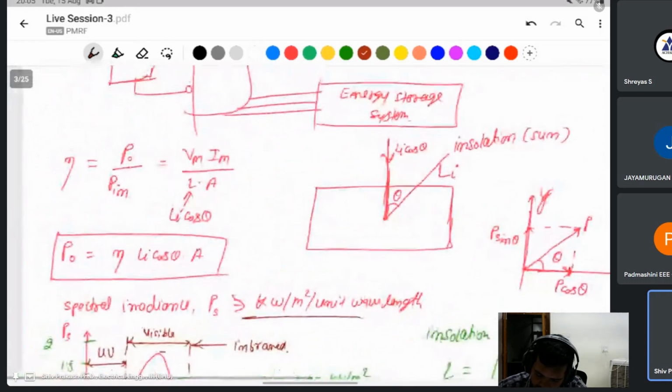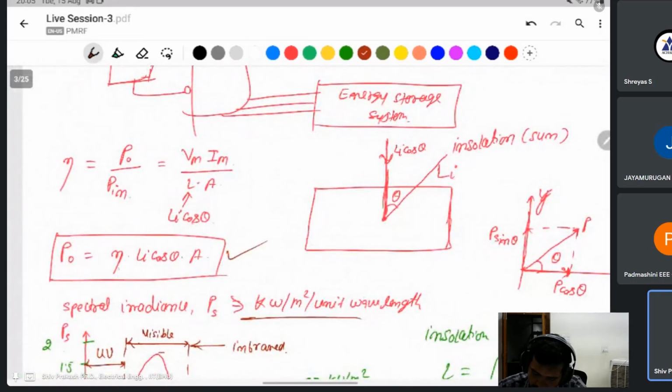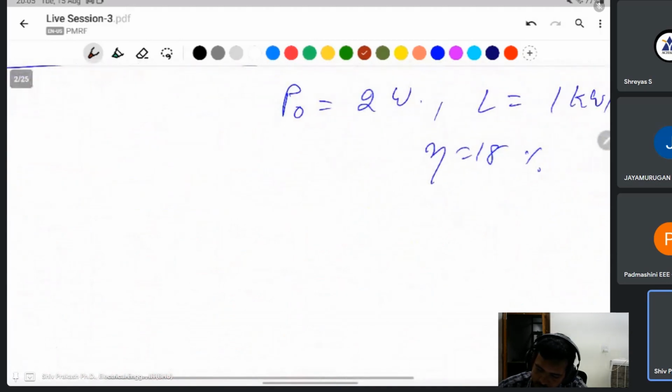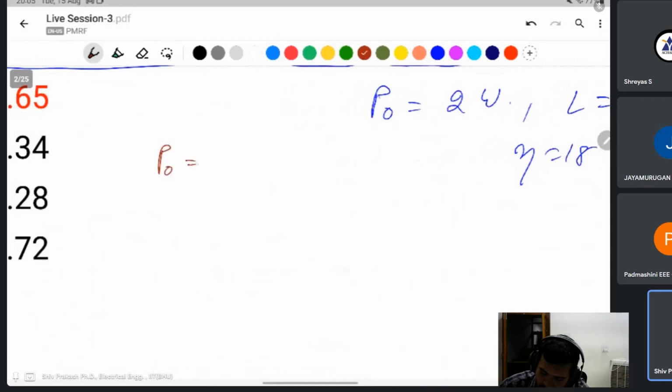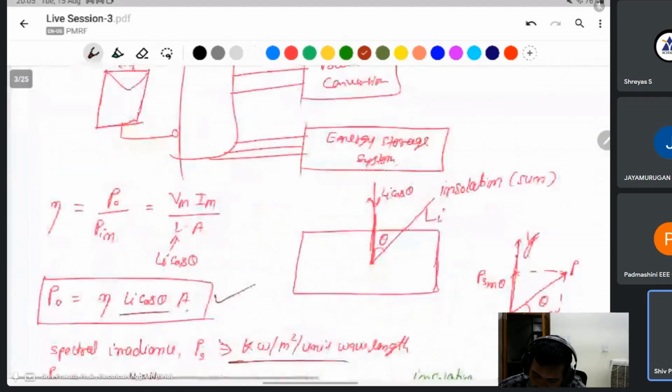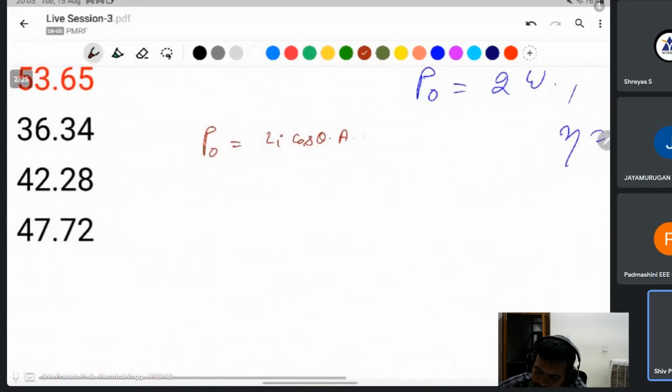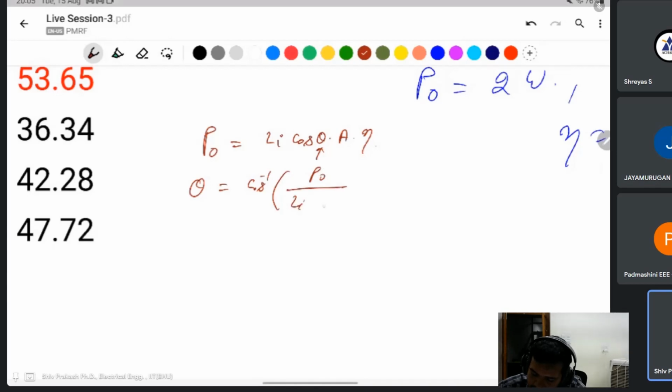The angle of incidence of radiation with the normal of the solar cell is asked. Output power is related to the efficiency and L cos theta into area. P output is L cos theta into area into efficiency. Everything is given. Now asking about the theta angle: theta is cos inverse of output power divided by irradiance, area and efficiency.